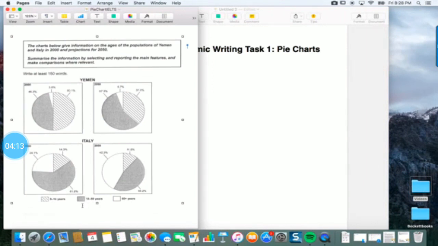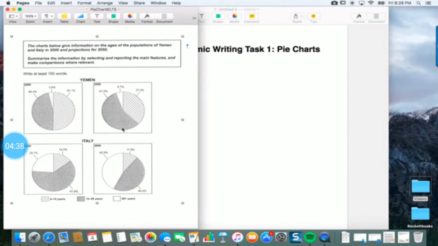There's a good number of people that are 15 to 59, you can see that here, and very few people are 60 or over. Then you compare that to the future, you can see Yemen is older. So people 0 to 14 has decreased. The number of people 15 to 59 has increased.